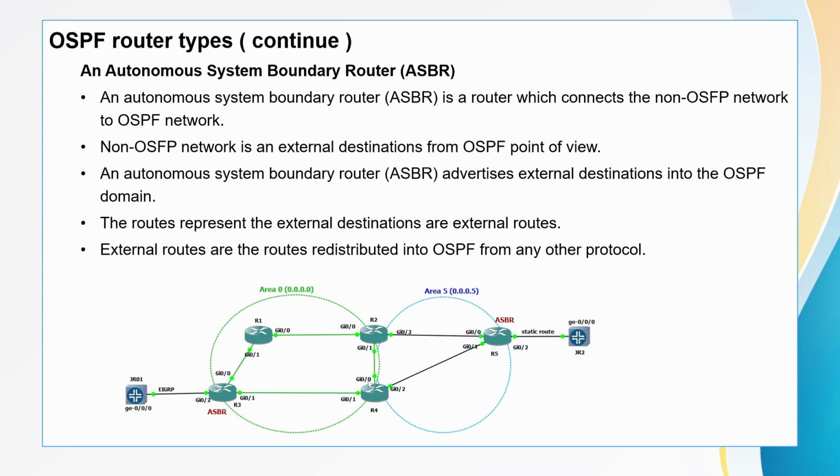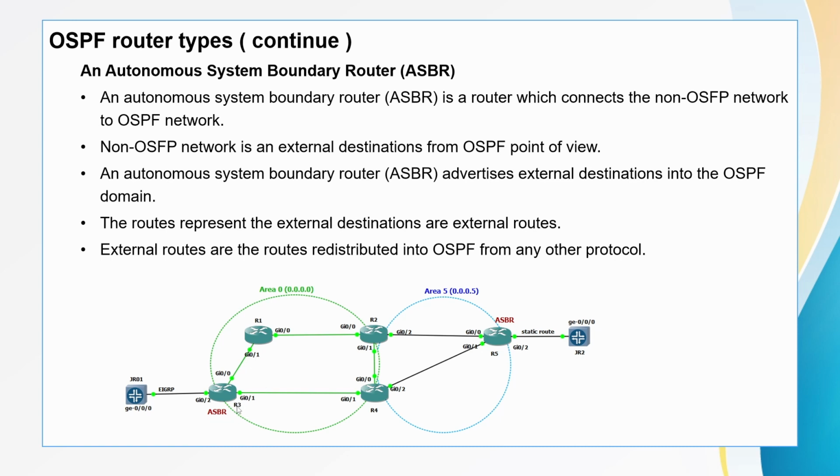So if some routers in the OSPF network, for example from area 0, want to communicate with the GR01 router, the routing information GR01 contains has to be redistributed into OSPF by the ASBR router.